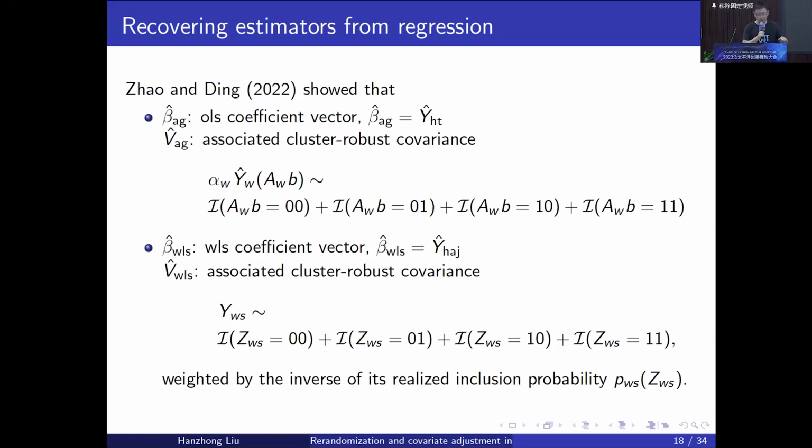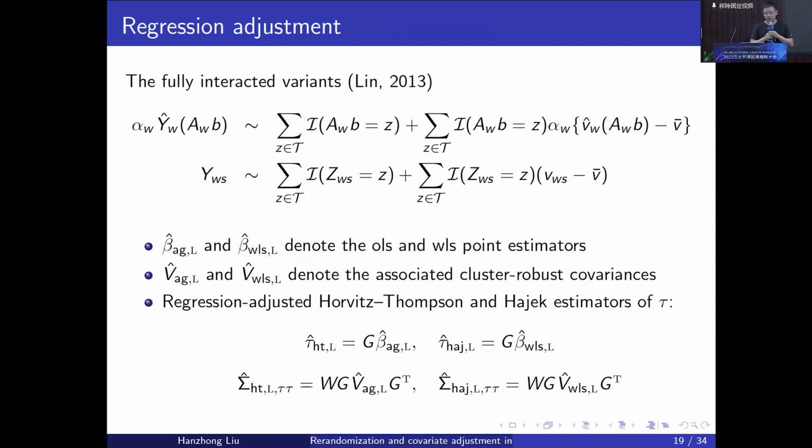And the Hajek estimator can be recovered from a weighted least squares regression. So the straightforward way to adjust the covariate imbalance is to add the treatment by covariate interactions in the above two regressions directly. And this method was actually proposed by Lin in 2013.